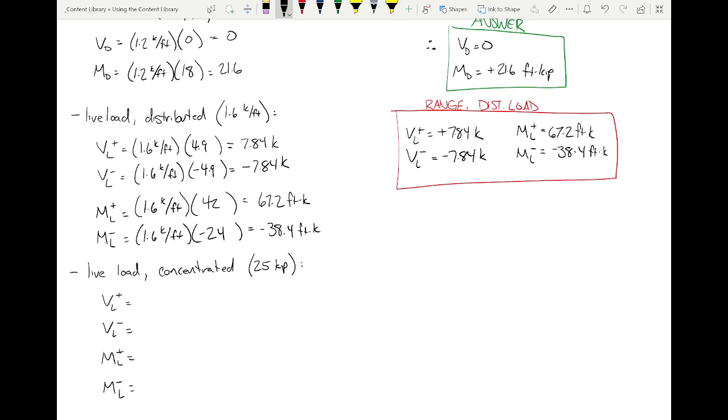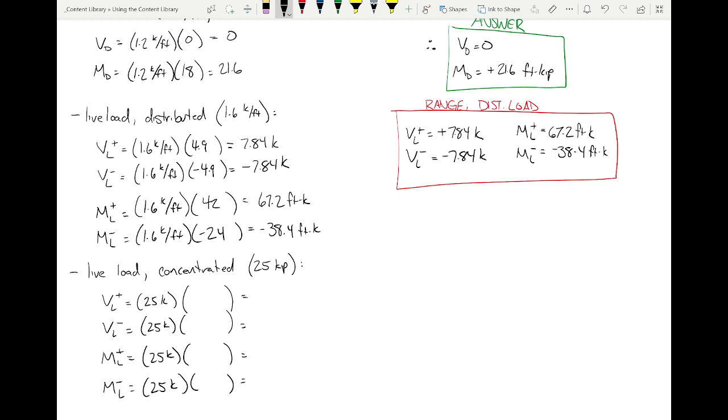And I propose, just like we did for the distributed load, for the concentrated load, it's going to be 25 kips times something. So do I just put these values in there?